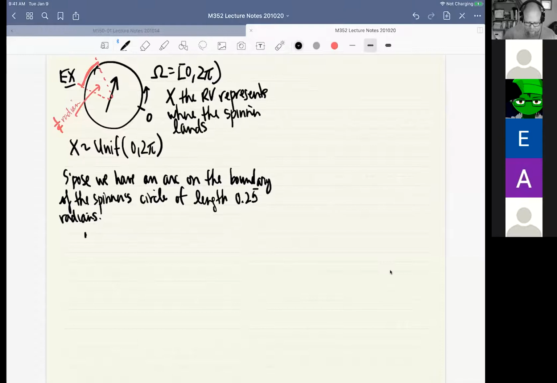So let's ask, what's the probability that my X lies in that arc? If I spin the spinner, what's the probability that it ends up in that arc?